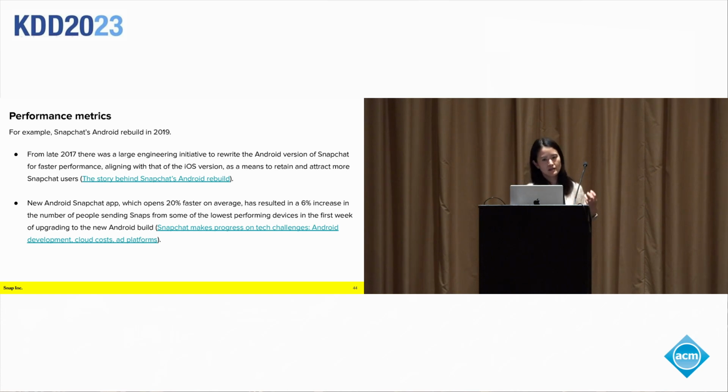After this rebuild, we found the new Android Snapchat app opens 20% faster on average and resulted in a 6% increase in the number of people sending snaps from some of the lowest performing devices in the first week. So this is really significant for the company.